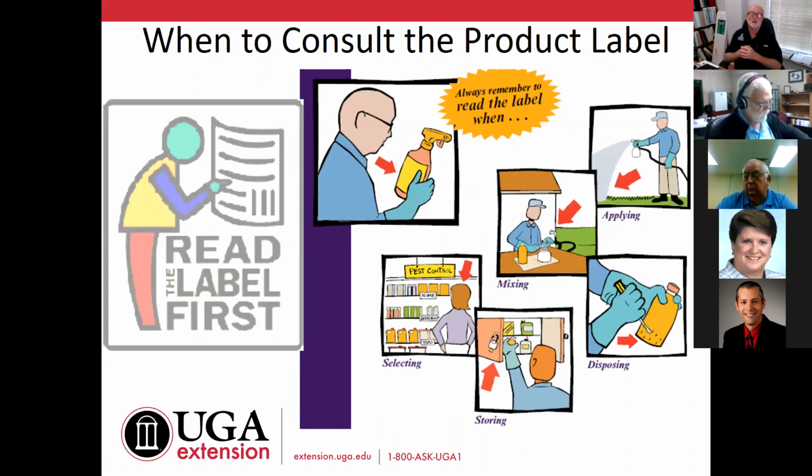Your county extension agent can help you in selecting those products. Certainly, as we go through other pesticide uses, such as mixing or applying, that label will give us those guidelines, those instructions on how to properly do so. That label contains the safety information to keep the applicator safe.